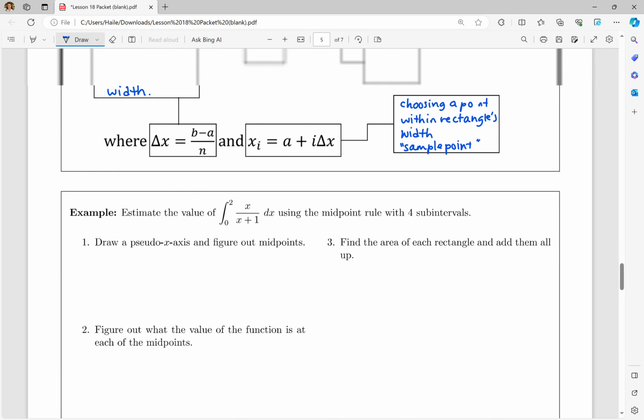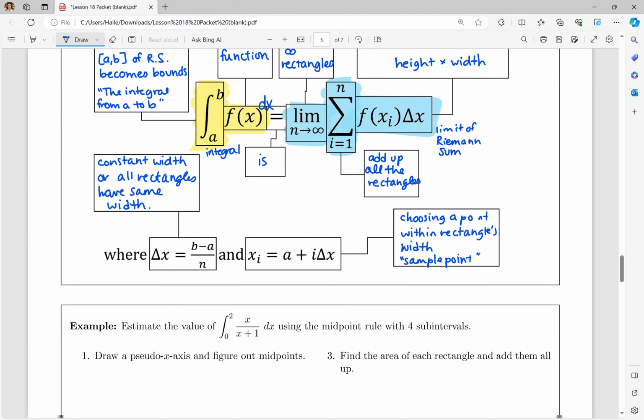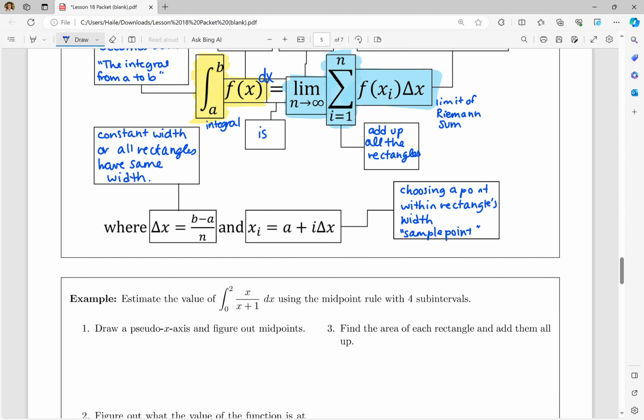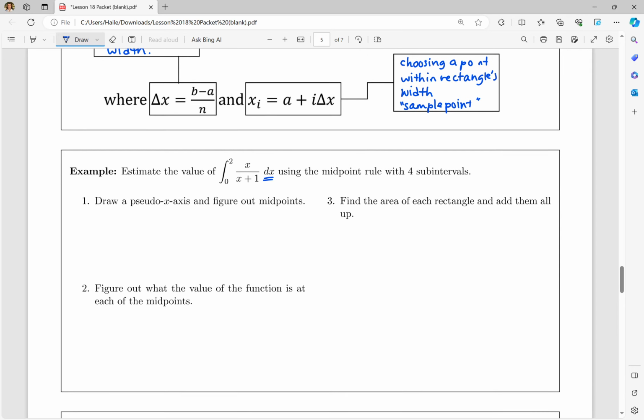Oh, that's what I forgot in the definition. Okay, this is really important. So when we write dx next to f of x, that kind of relates to the delta x on the other side. So that way we have like a height and a width on both sides. Okay, so that's why this dx is here. And it basically just tells you which variable you need to integrate with respect to.